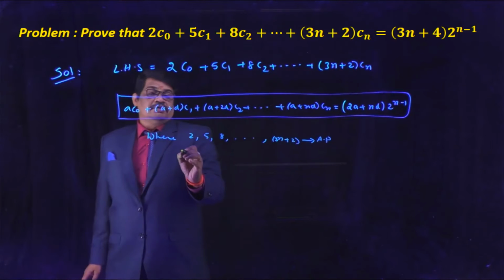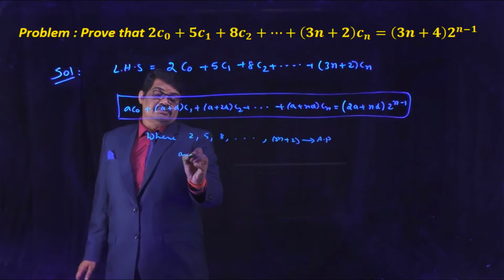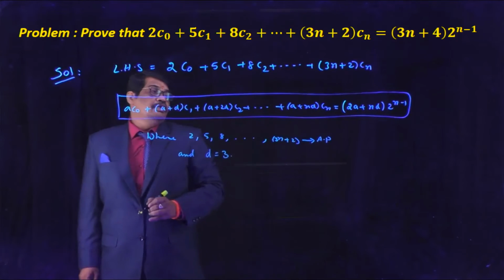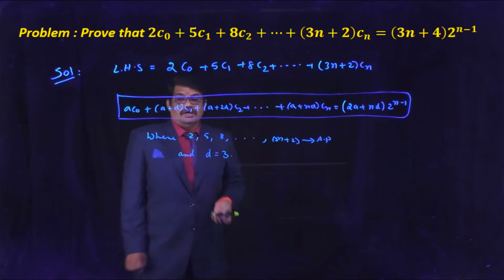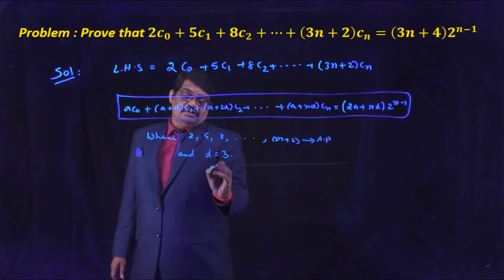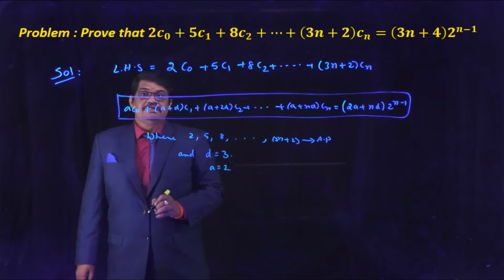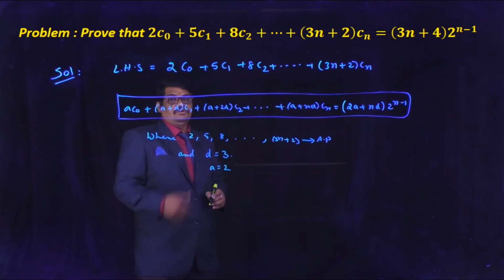And what is the common difference? Small d, the common difference, is 3. Here d is equal to 3, and the first term is 2. A is equal to 2 and d is equal to 3.